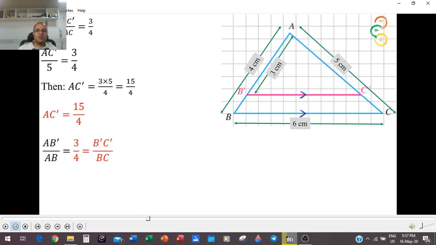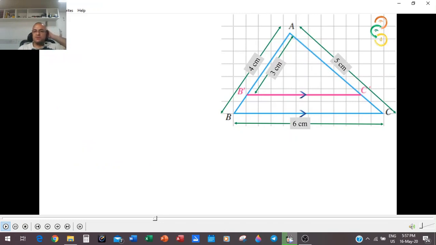Now we should calculate the ratio B prime C prime over BC. B prime C prime over BC is equal to AB prime over AB equal to 3 over 4, which is also AC prime over AC. And finally, we should calculate B prime C prime.